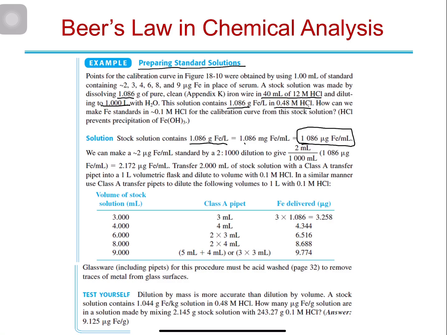Okay, so the question is, how can we make iron standard in 0.1 molar HCl for the calibration curve from this stock solution? As we said, we need to create the calibration curve with concentration in the range between 2 and 9 microgram per ml.